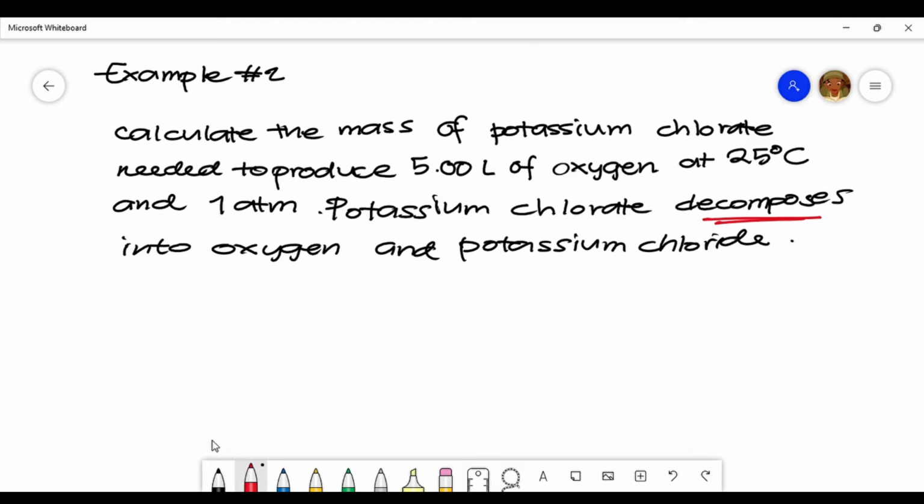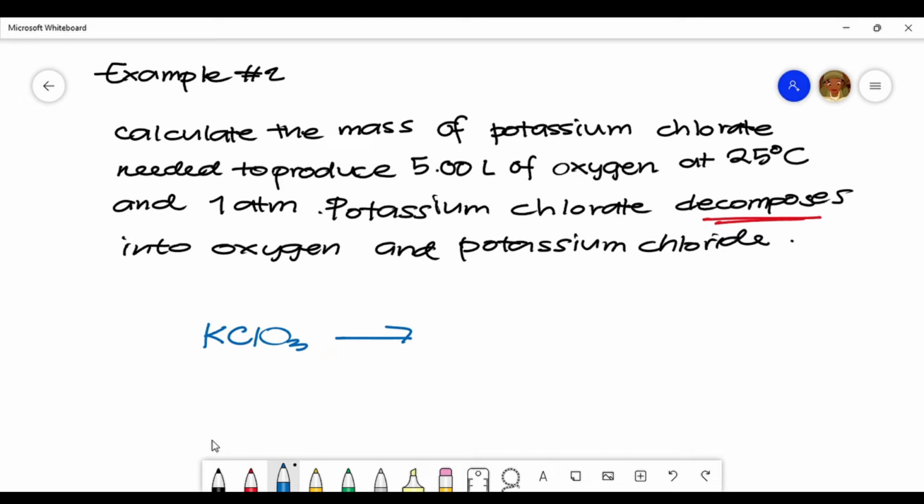So the first step would be to draw the skeleton of the equation. Potassium chlorate is given as KClO3, and it decomposes into oxygen and potassium chloride.